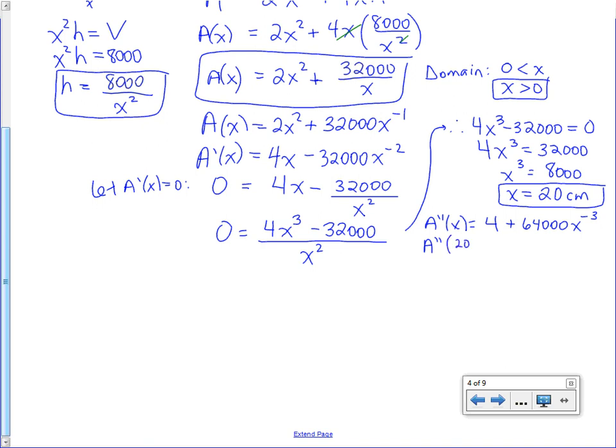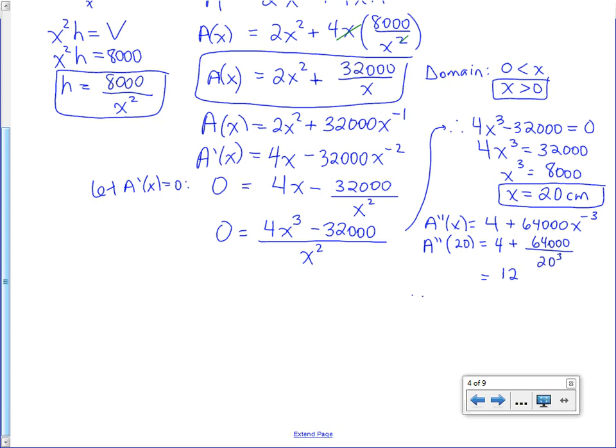So let's confirm it. I'm putting 20 in. That's 4 plus 64,000 over 20 cubed. And just to confirm, 64,000 divided by 20 cubed is 8. 8 plus 4 is 12. So we got a positive number.